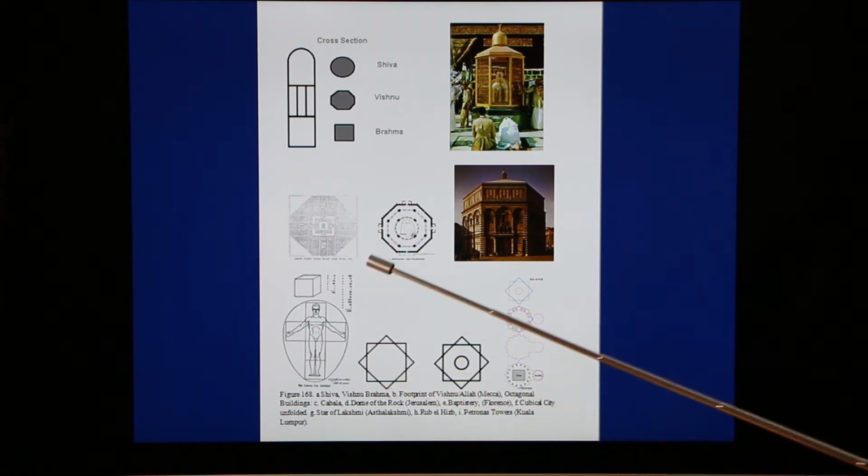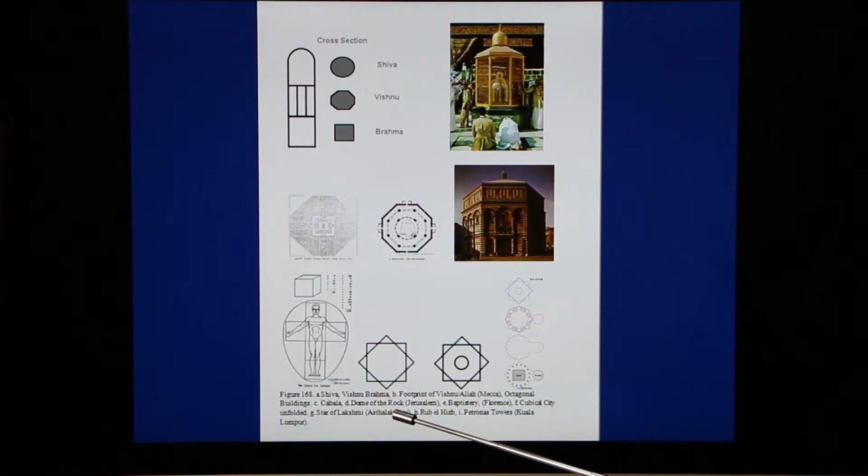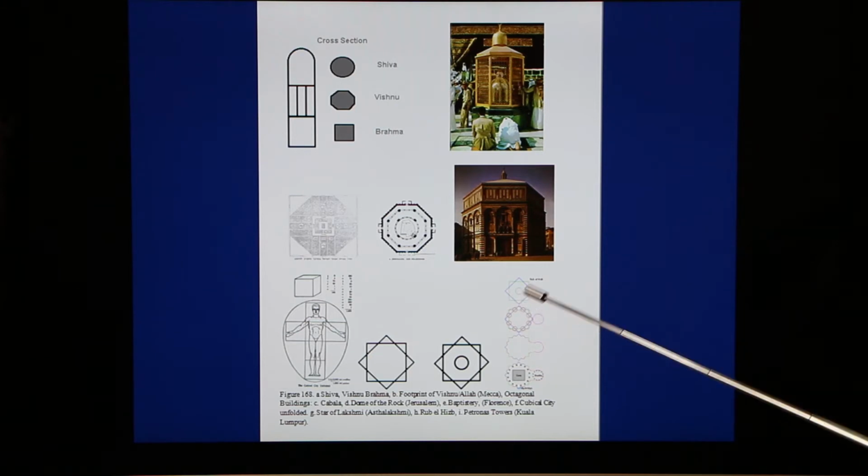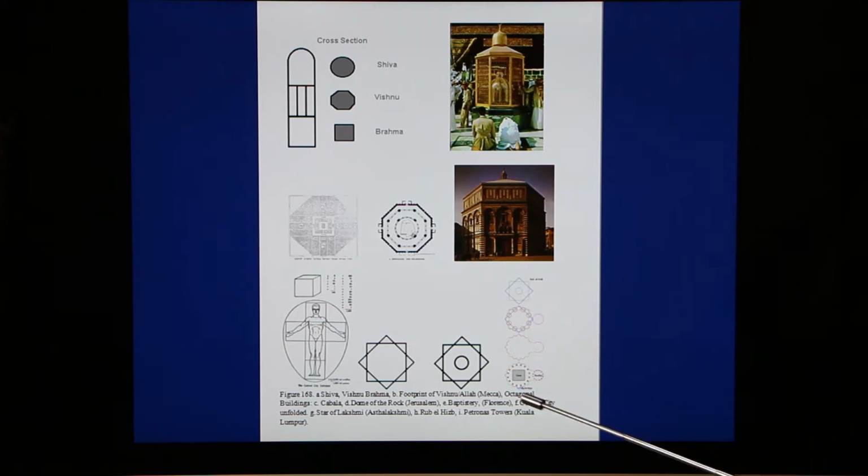Now I take a square and put another square at right angles, at 45 degrees like this. It becomes the Star of Lakshmi, which becomes the Rub al-Hizb in Islam. And in Malaysia, you had a prime minister called Mr. Mahathir. He sat down one day and said, "Oh, this would be a good thing if I took that shape and added a little circle here.